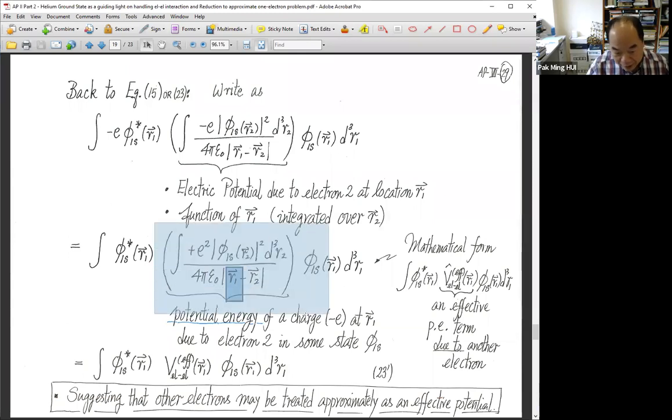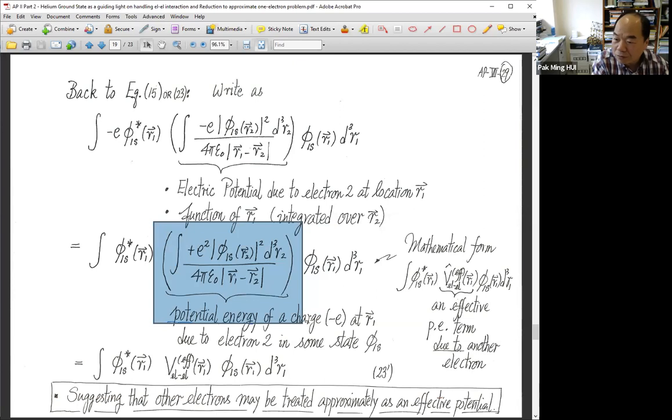After you do this integral over R2, what is left is R1. Do you understand what I'm saying? So this whole integral at the end is a function of R1.